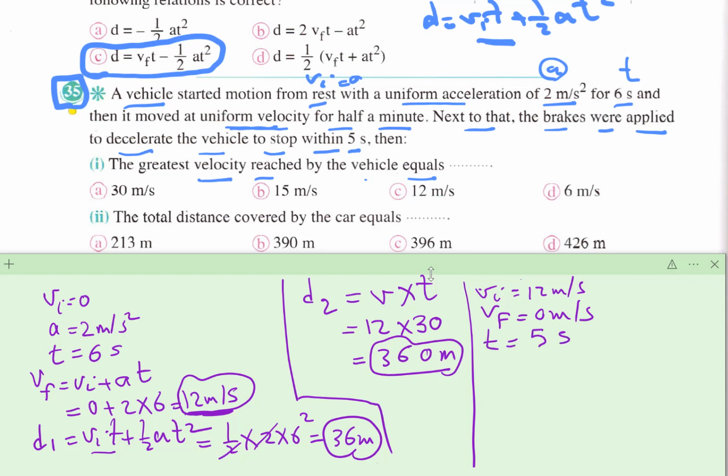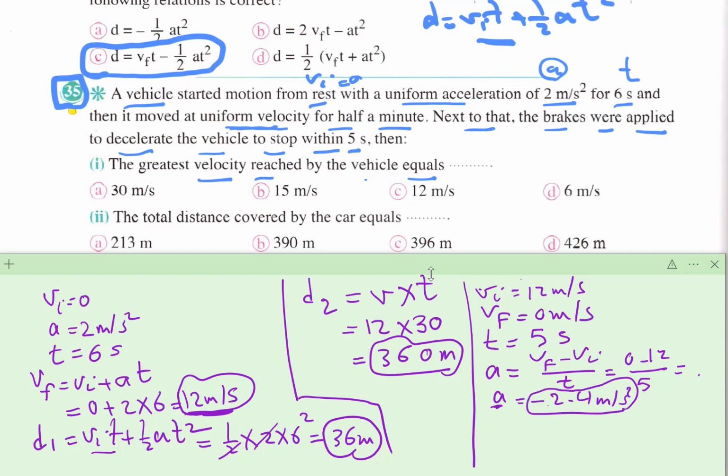So we can calculate from here the acceleration: V final minus V initial over t, 0 minus 12 over 5 seconds, so 12 over 5 is 2.4. So acceleration equals negative 2.4 meters per second square.